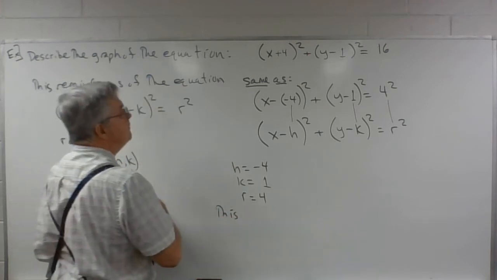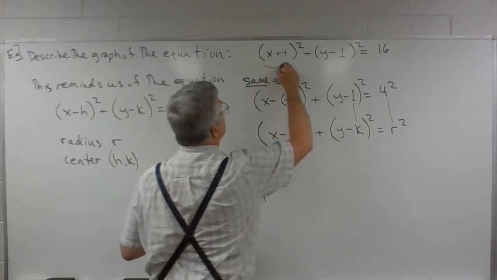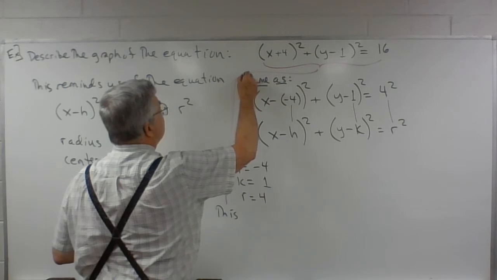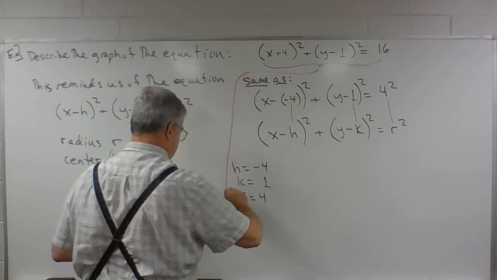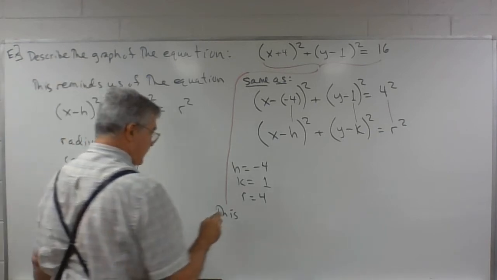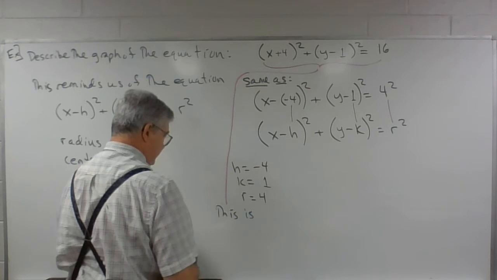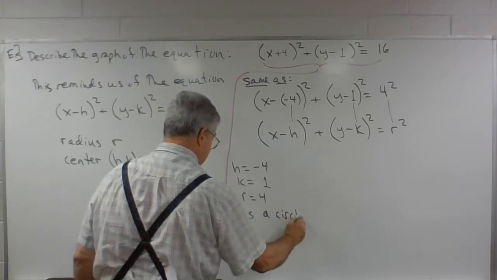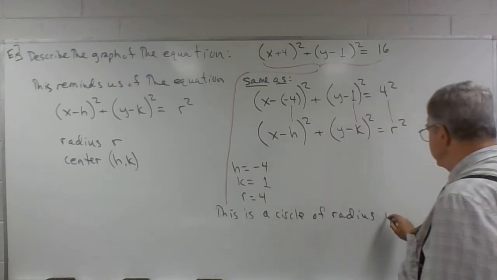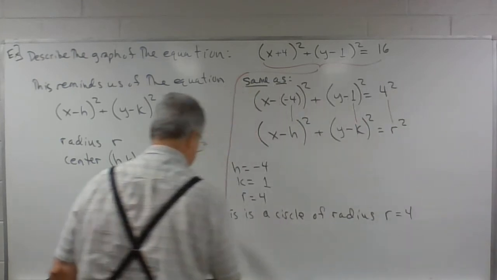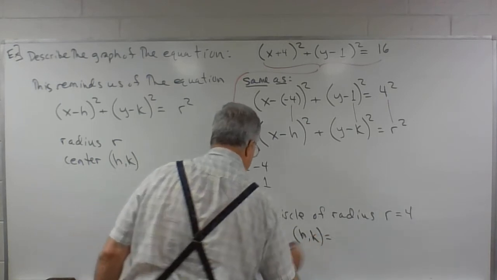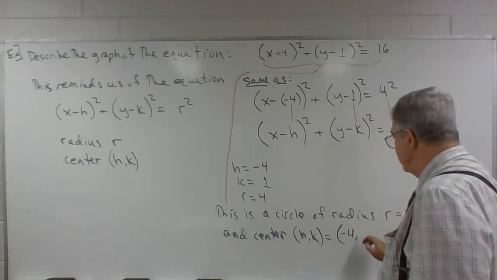This, and when I say this, I mean our equation, is a circle of radius r equal 4 and center (h, k) equals (−4, 1).